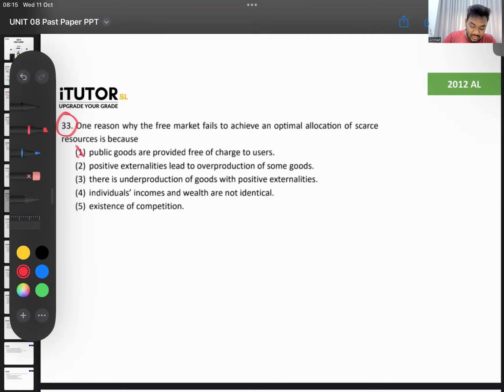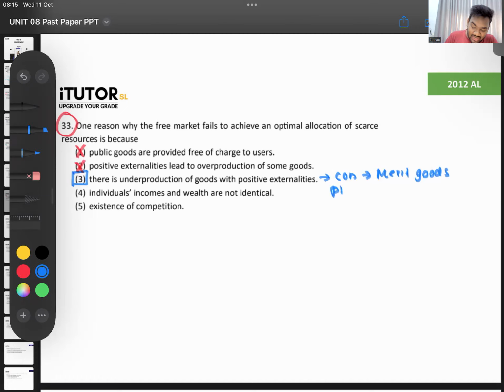Wrong. Positive externalities lead to overproduction? No, positive externalities lead to underproduction. There is an underproduction of goods with positive externalities. Correct. Remember we learned that positive externalities in consumption are what we call merit goods, and merit goods are underconsumed.